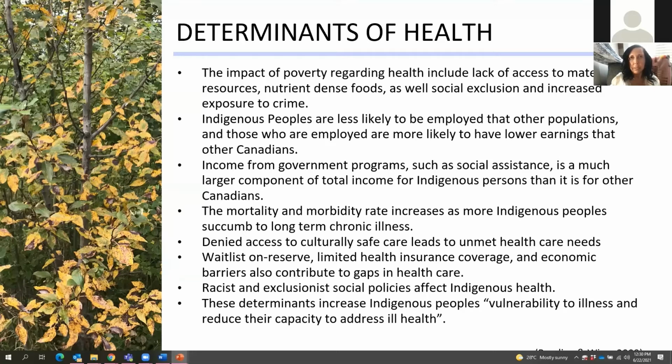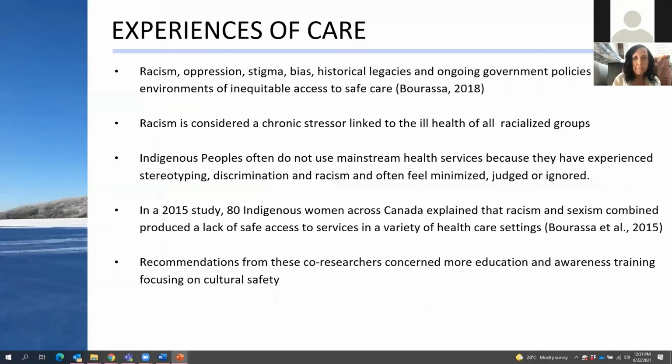You can see the picture that is being portrayed here in terms of the impacts of systemic racism on Indigenous people's health, and the underlying colonial underpinnings. If you want to flip the slide.